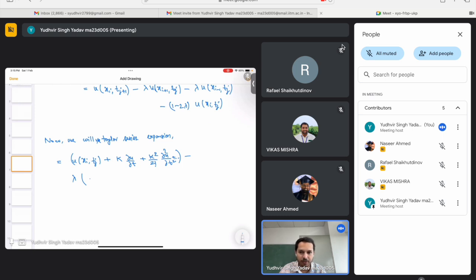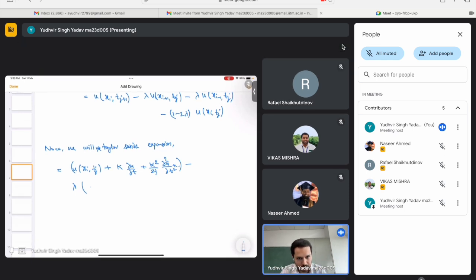Then for the next term, we will expand with respect to x. Let h be the step size in the x direction. So the Taylor series expansion will be u plus h del u by del x plus h square by 2 factorial del 2u by del x square and so on.